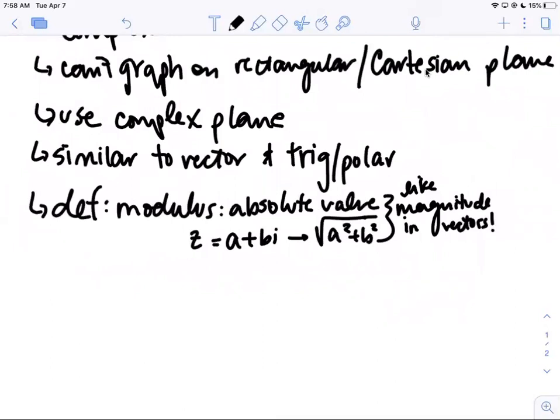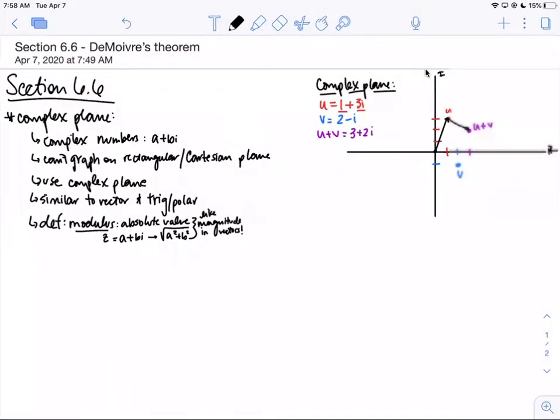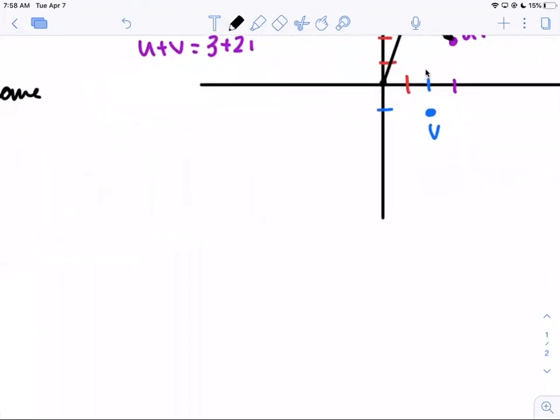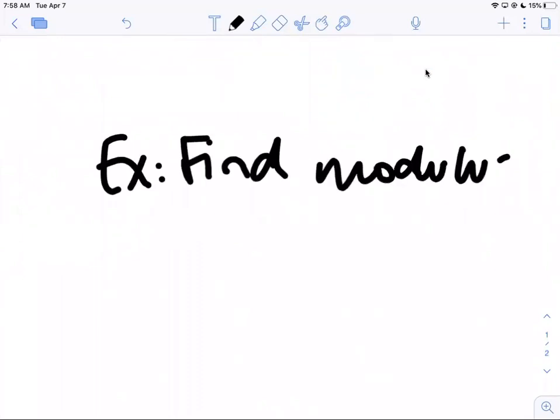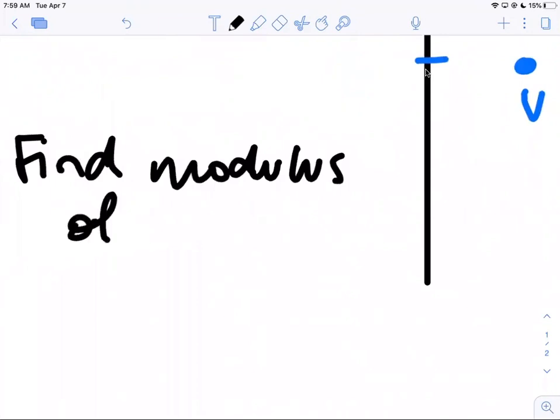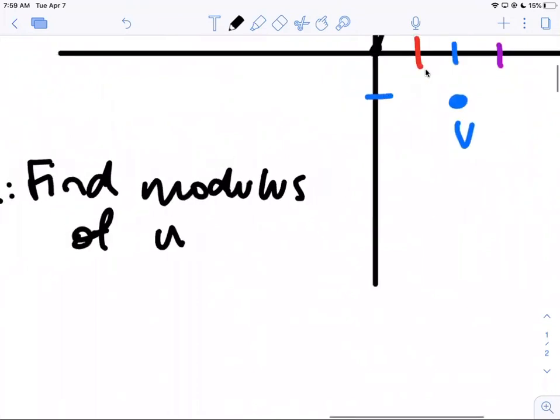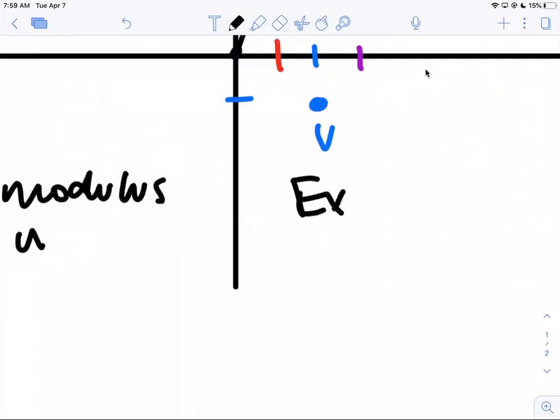Okay, so we're going to do an example. We're going to find the magnitude or the modulus of complex numbers u and v. We'll do example, find modulus of u, and then over here, we'll do example, find modulus of v.